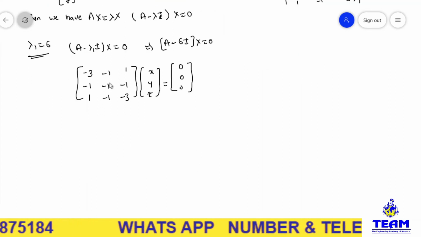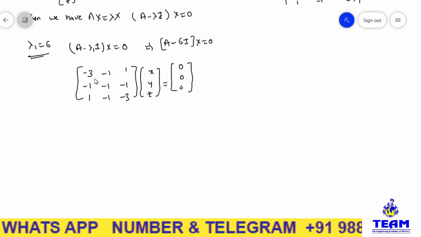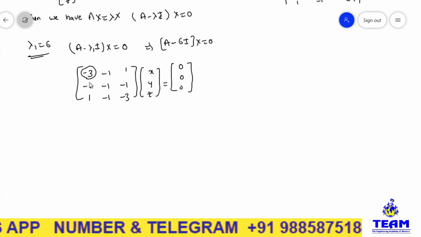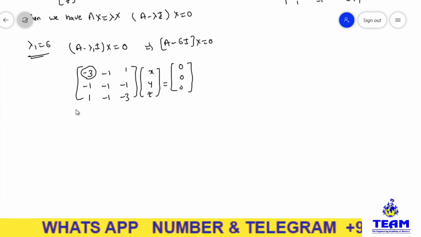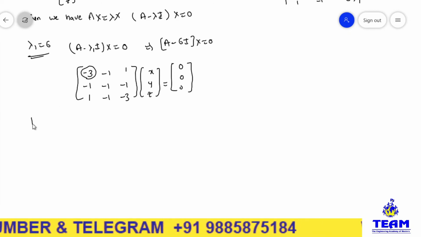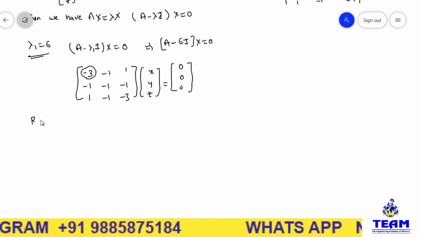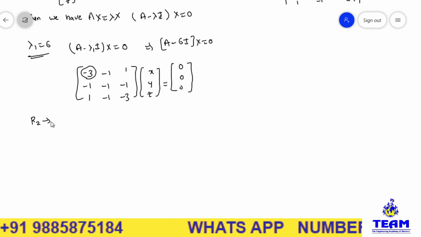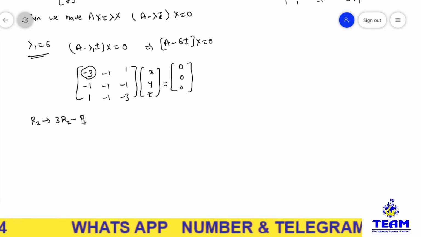Friends, here you observe, to find the eigenvectors, first we have to use the first diagonal element. By using this first diagonal element, we make the elements below the diagonal 0. Now I am applying the elementary row operation. First, minus 1 I am making 0. You see how I am doing? That minus 1 is in the second row, so R2 tends to 3R2 minus R1.